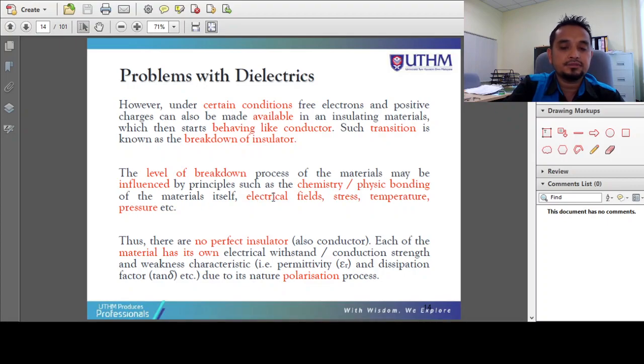It depends on various factors such as electric field stress, temperature, and environmental effect. We will discuss in great detail the breakdown of dielectric material in gases, solid, and liquid in the next section.